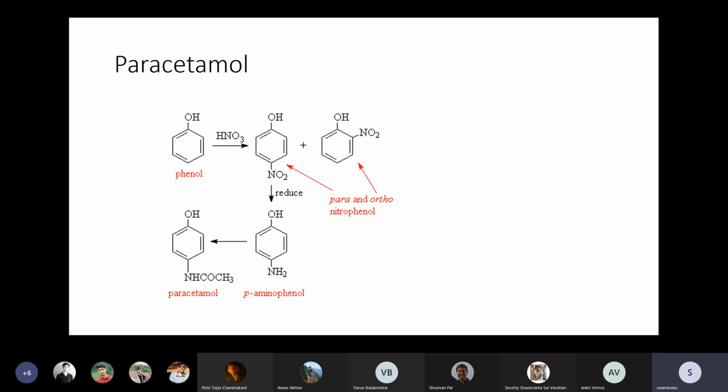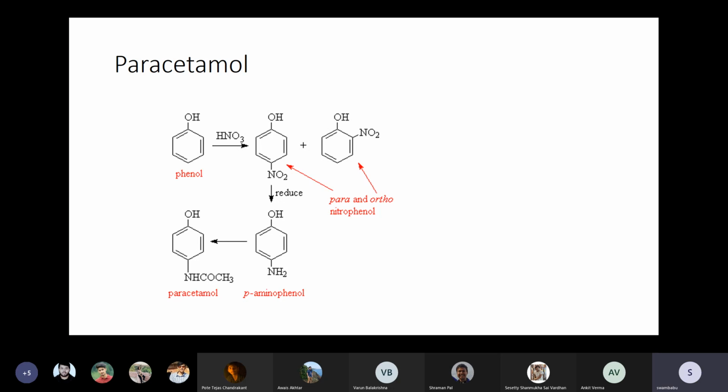So phenol is converted to para and orthonitrophenol. This para-nitrophenol is reduced to aminophenol, and that is further converted to paracetamol. So nitrophenol is the key source component for the paracetamol.